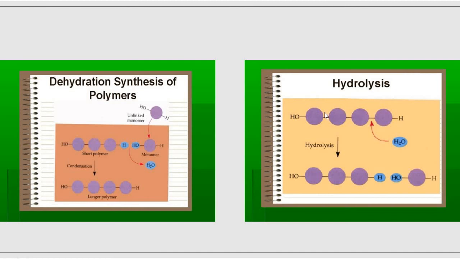And then here you see hydrolysis, where one molecule is split open. Here H2O is splitting, where OH is added to one group and H is added to the other group, and they form two different blocks. So this is a hydrolytic reaction, a splitting reaction, and this is a condensation reaction.